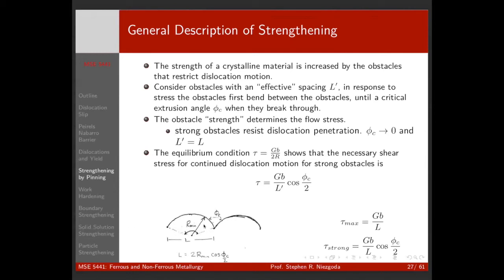If a dislocation hits up against these strong obstacles, the real distance that we care about is the separation, and our analysis for the Frank-Read source Bowing holds just fine.